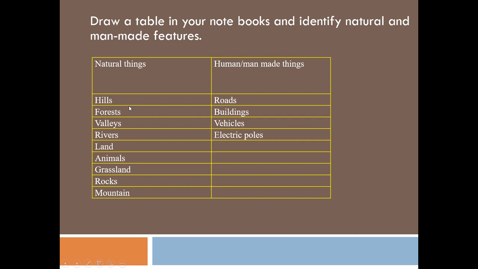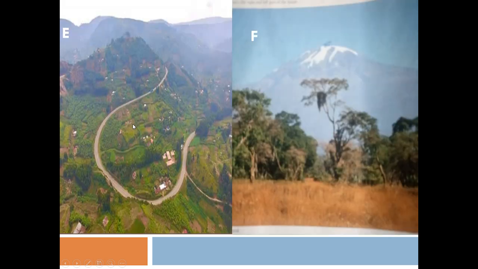Those are natural. Then we have forests, which are in photograph A, in photograph B. Then we had forests in photograph C, D, E, and F. There are forests there. Then the valleys, we had valleys in photograph E.